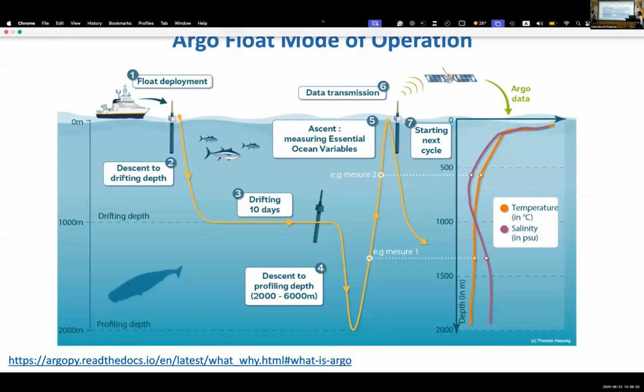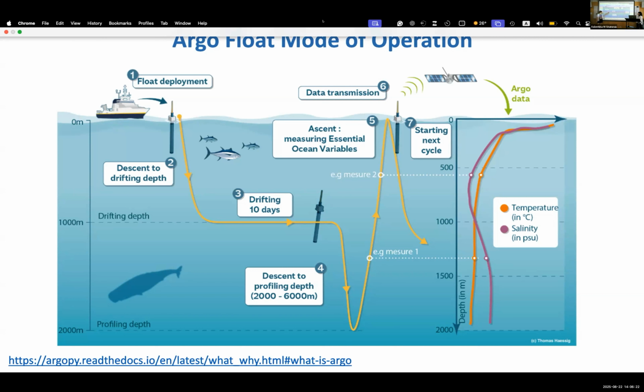So for a quick description of an Argo float cycle, as I said earlier, they go every 10 days. Floats get deployed on research cruises of opportunity, and they descend to their parking depth of 1,000 meters where they drift for 10 days.